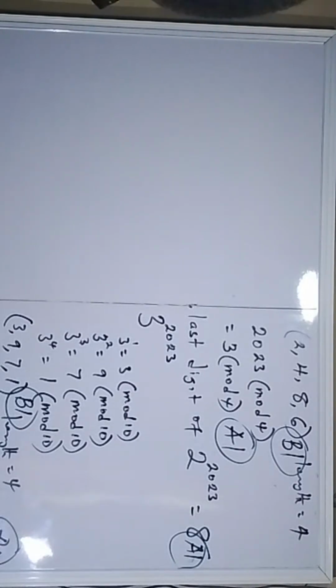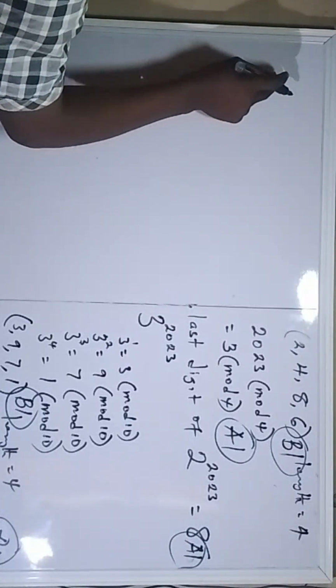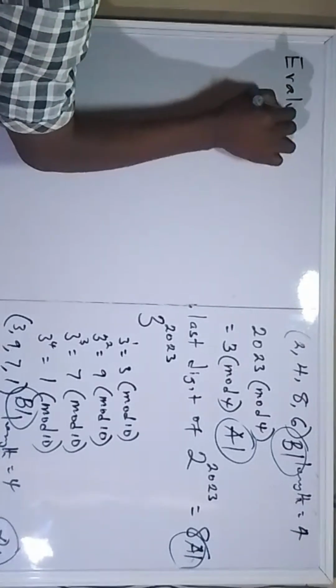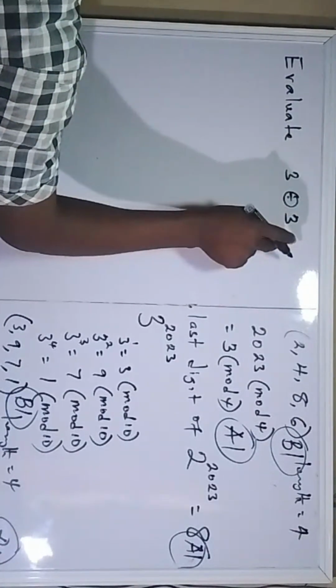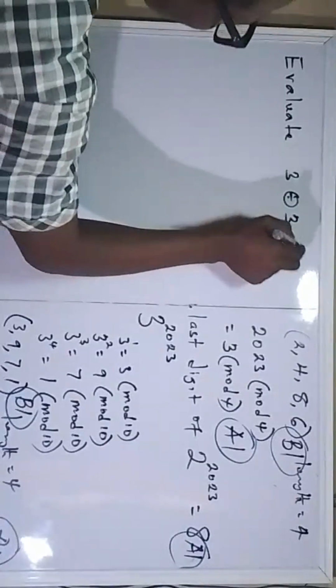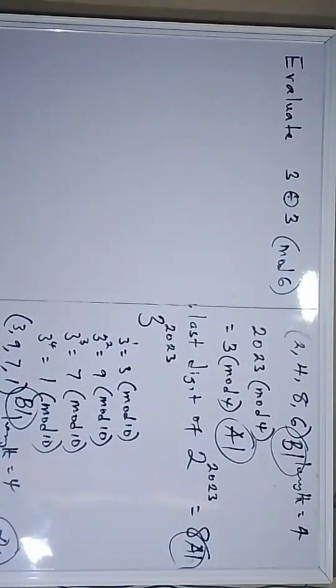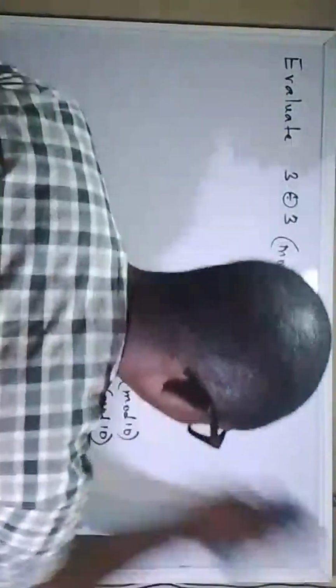This is: evaluate 3 divided by 3 in mod 6.